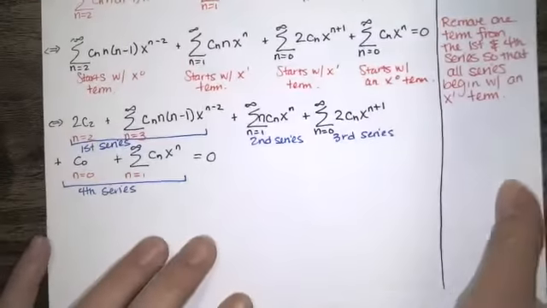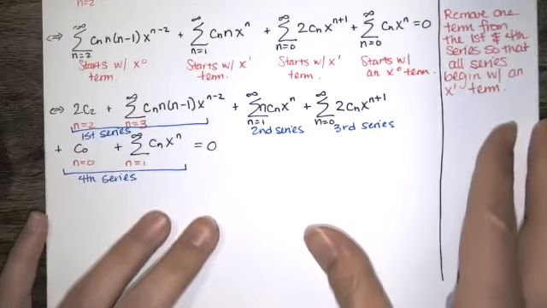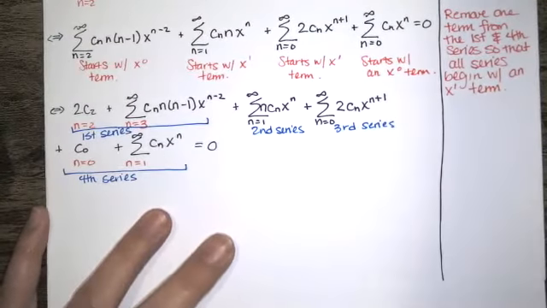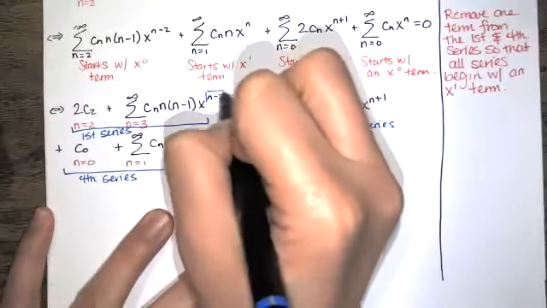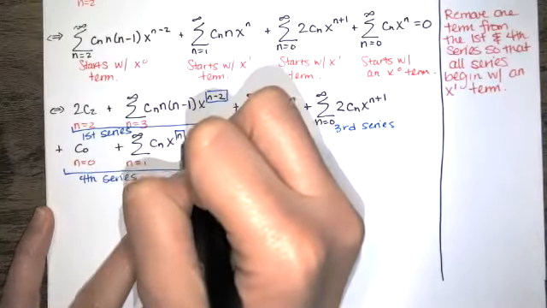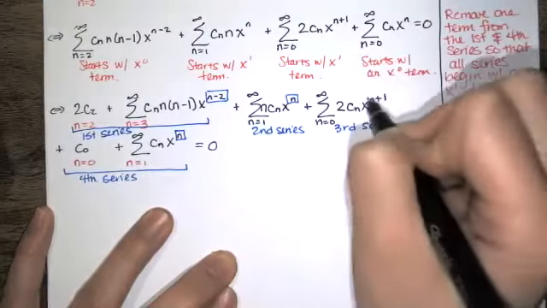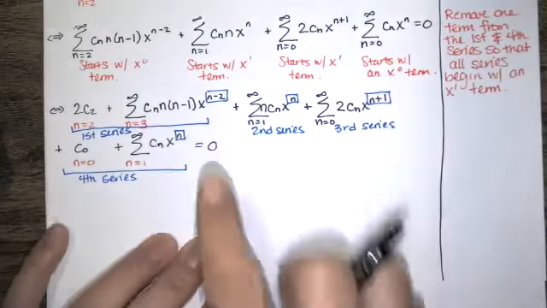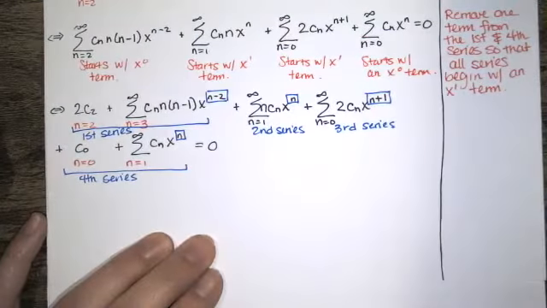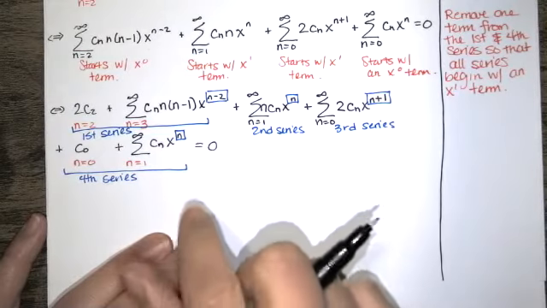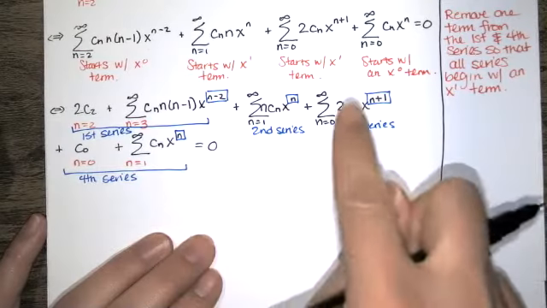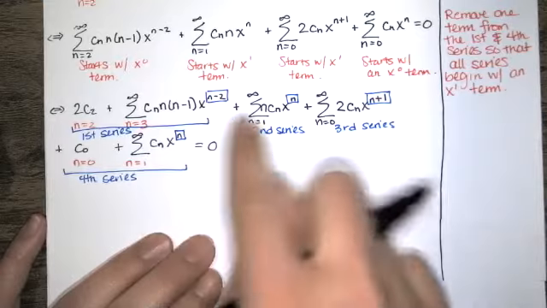So in order to make the exponents look the same, we're going to relabel some of the series. So we look at the 4 exponents that we have: n minus 2, n, and n plus 1. And we say, okay, we've got 2 of them that are already n's. So to save ourselves some work, let's make these 2 series look like these 2.